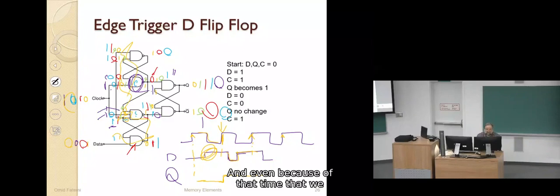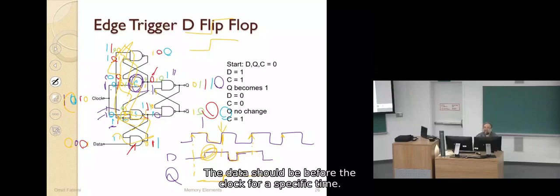Because of that time that we need for these gates to work, pay attention here, we need data to be present before the rising edge of the clock for a specific time, not instantaneous. So it is not good if you have data coming up here and also the rising edge of clock at the same time. It is not good. The data should be before the clock for a specific time.